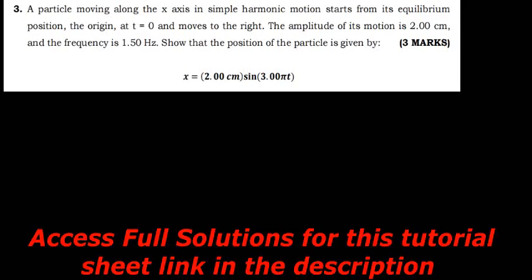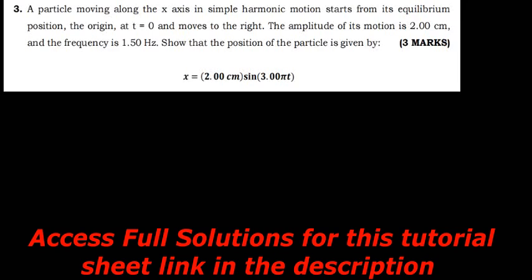Question 3 is saying a particle moving along the x-axis in simple harmonic motion starts from the equilibrium position, the origin, at t equals 0, and moves to the right. The amplitude of its motion is 2 centimeters, and the frequency is 1.5 hertz. Show that the position of this particle is given by this.